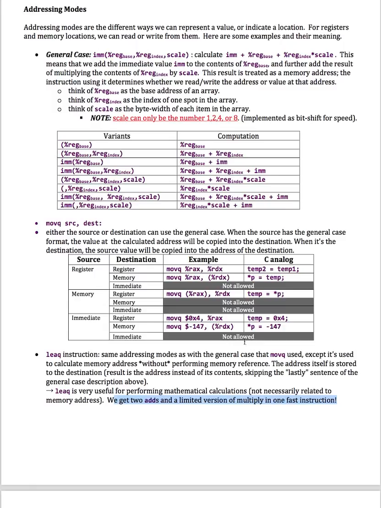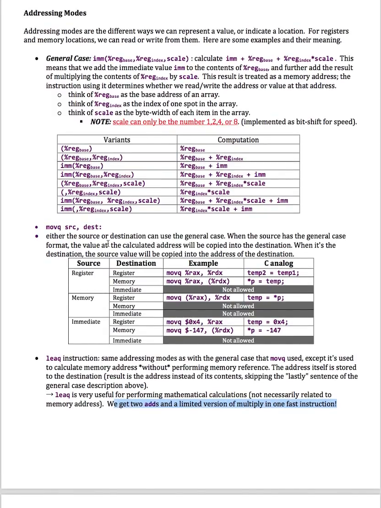One thing to remember about mov as well is that you are able to move from register to register, or register to memory, but not to an immediate. You cannot move any value to an immediate, because moving a value into an immediate doesn't make sense, since an immediate is a constant.